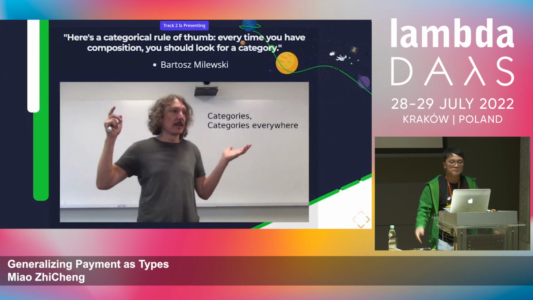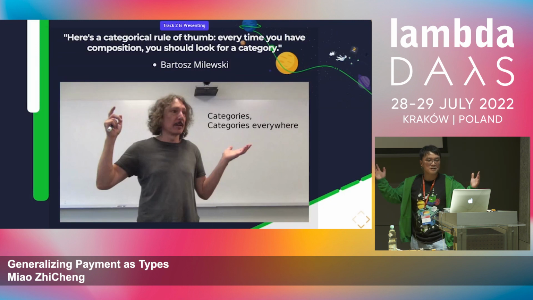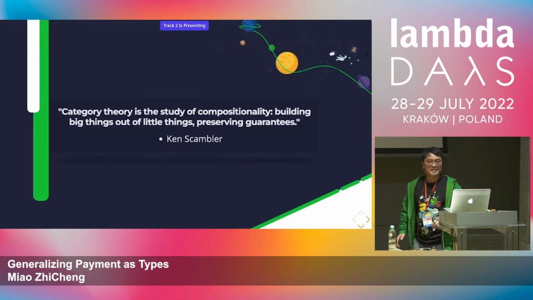So here's from a famous Polish physicist. He said that here's a categorical rule of thumb. Every time you have a composition, you should look for a category. Okay, category everywhere. The other is category theory is a study of compositionality, building big things out of little things, preserving guarantees, from Ken Scambler.